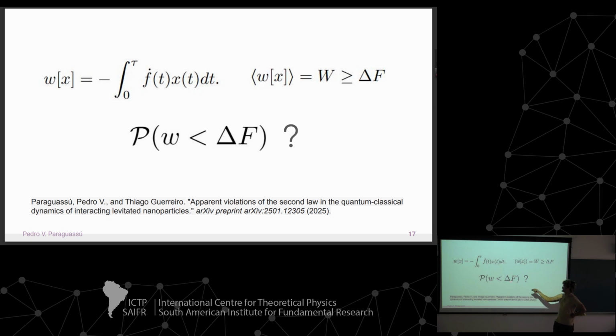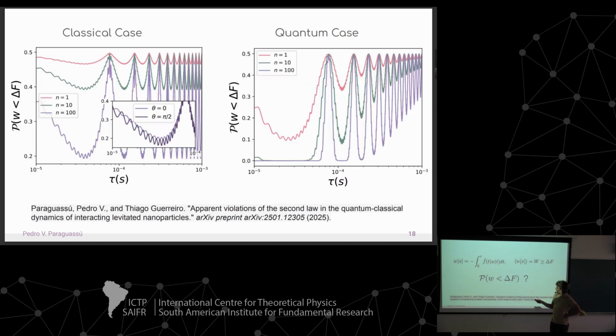It's not a true violation because the bound is for the mean, and we can investigate how the properties of the noise affect the stochastic thermodynamics. It's a kind of spin-off from this work.